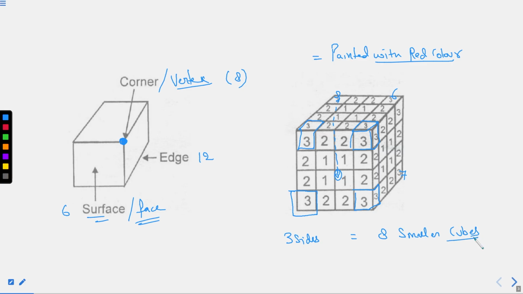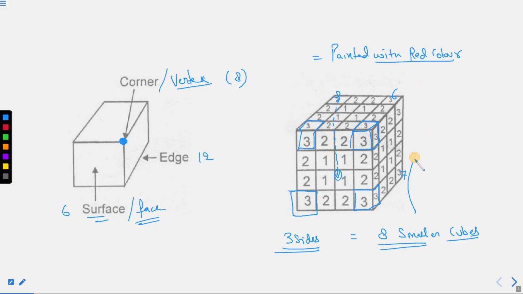I hope you are clear with this statement. So for 3 sides I have written 8 smaller cubes. Now we will discuss 2 as well as 1 here itself, right?